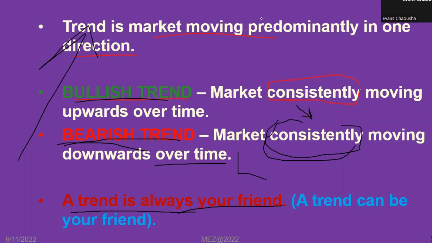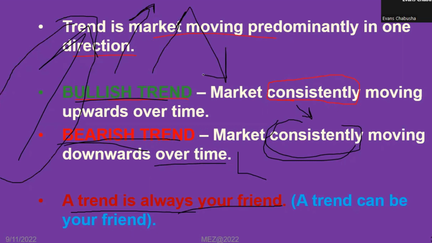Okay, so now if you don't know the real trend, a trend can hammer you very bad. You can think the market is in an upward trend, not knowing that it is just a pullback in a downward trend. So instead of a trend is always your friend, a trend can be your friend if you understand it.